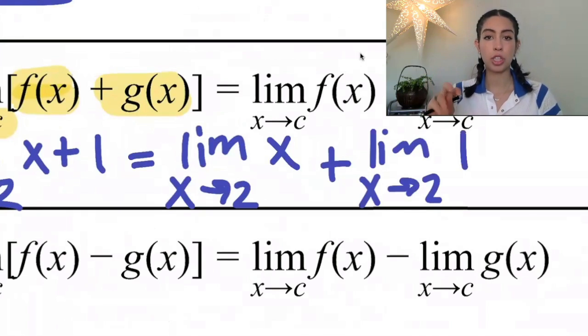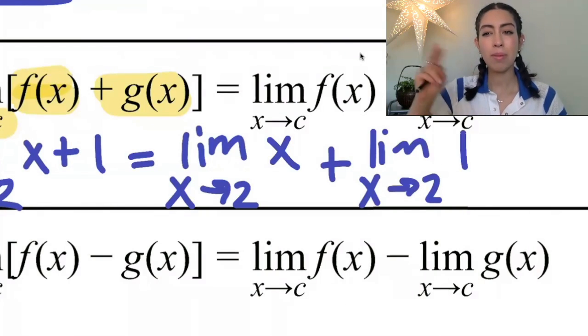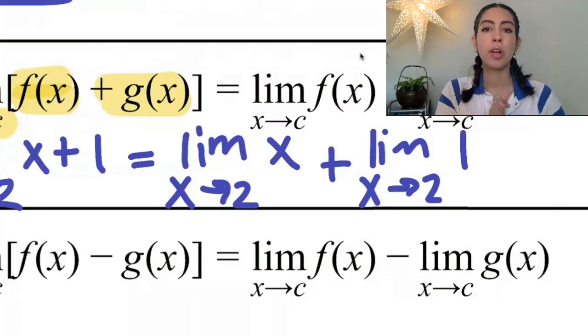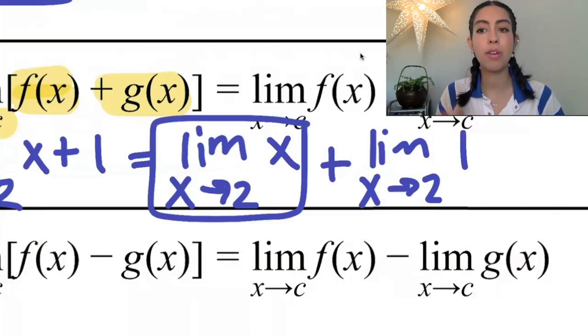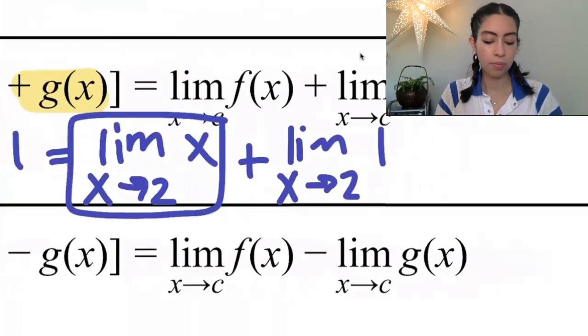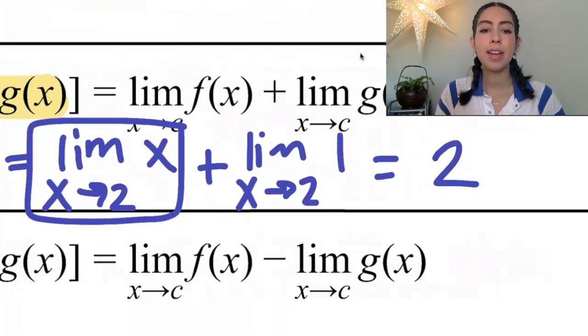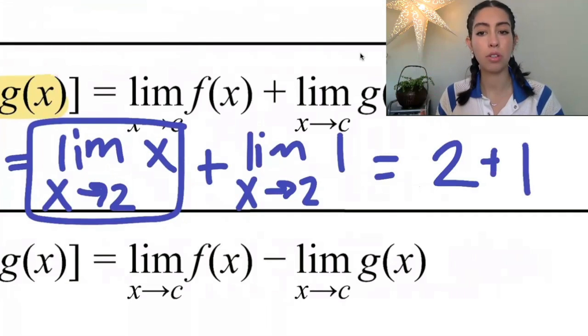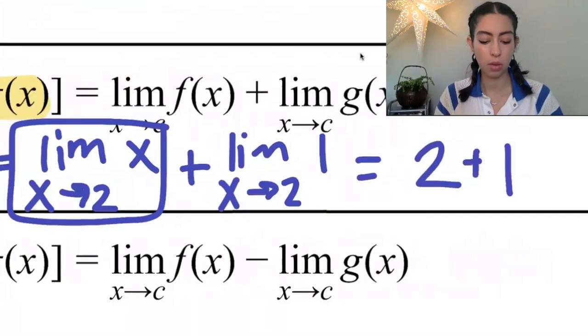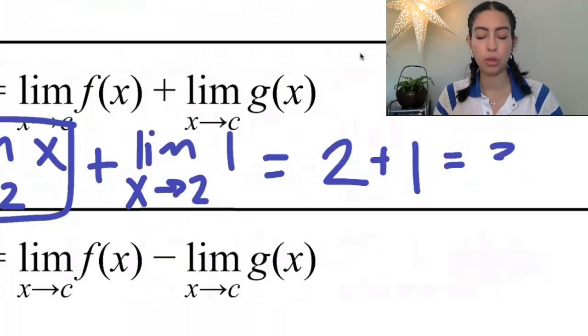So we took a function x plus 1 that was maybe a little bit more complicated, but we were able to use that sum property to break it down into two very simple limit examples. And now we can apply the theorem. So we know that the limit as x approaches 2 of x will have to equal 2, and then the limit as x approaches 2 of 1 will have to equal 1. So our solution here will be 2 plus 1, which means the limit will equal 3.